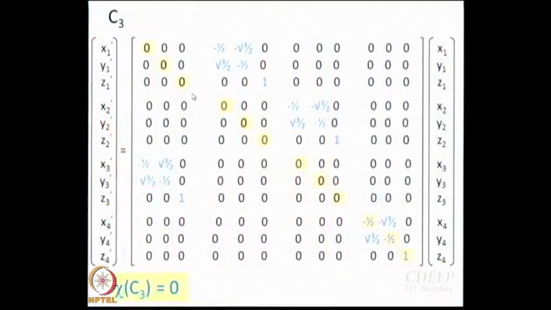What do the non-zero blocks stand for? The blue blocks stand for the contribution of the original coordinates in the transformed coordinates. Now, as a result of application of C3, what are the atoms that change places? You will remember 1, 2 and 3 change places, 4 did not change place.